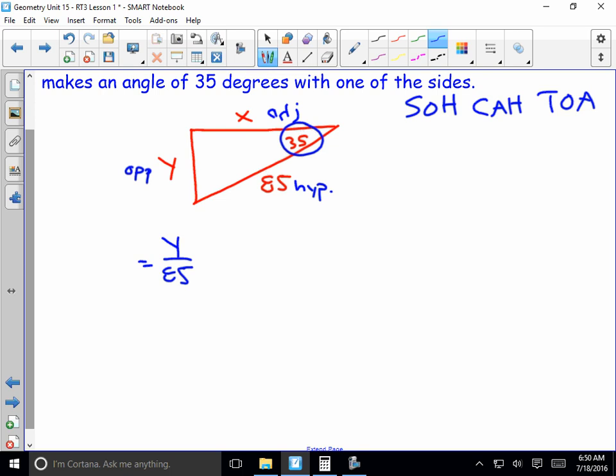So when we're looking for the opposite, we know the hypotenuse. We're going to use the sine of 35, and then we put it over 1 so we can cross multiply and solve. If I'm looking for x over the hypotenuse, adjacent over hypotenuse is the cosine of 35 degrees, and we put that over 1.